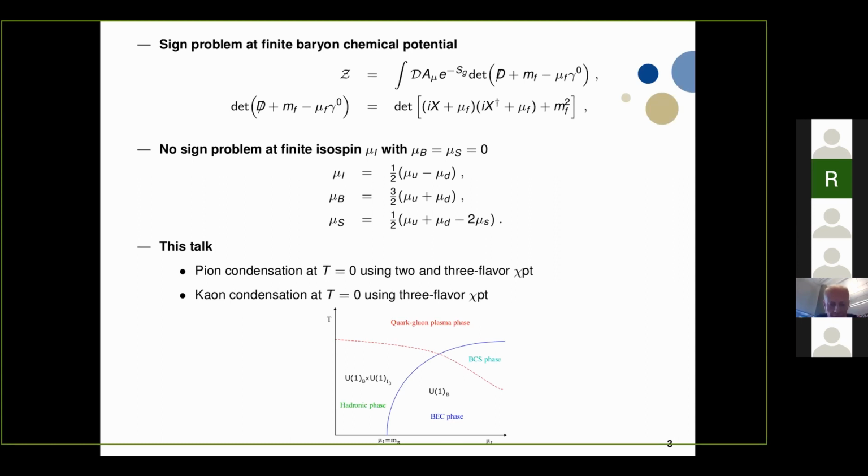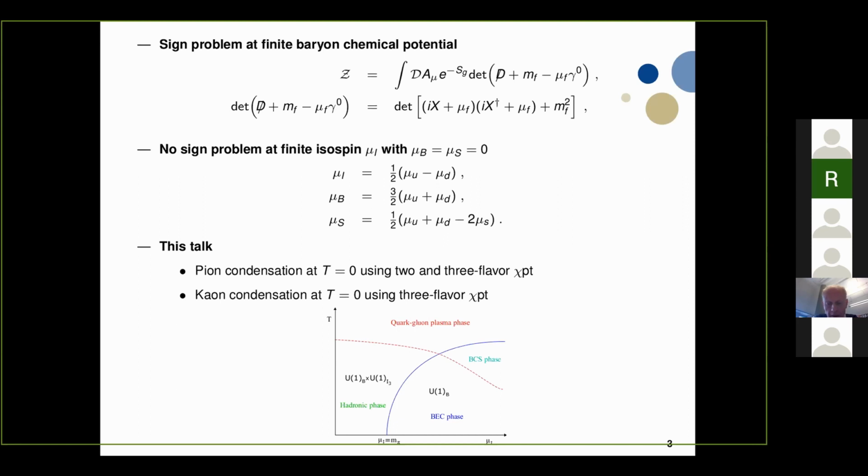So let me just show you a sketch of what you expect for the phase diagram in the mu_I-T plane. You have the usual hadronic phase for low T and low mu_I. And then if you walk along the mu_I axis at T equals 0, once the isospin chemical potential reaches the pion mass, you will have onset of Bose-Einstein condensation. Then you will form a condensate of charged pions. The blue line then shows the phase boundary of this phase.